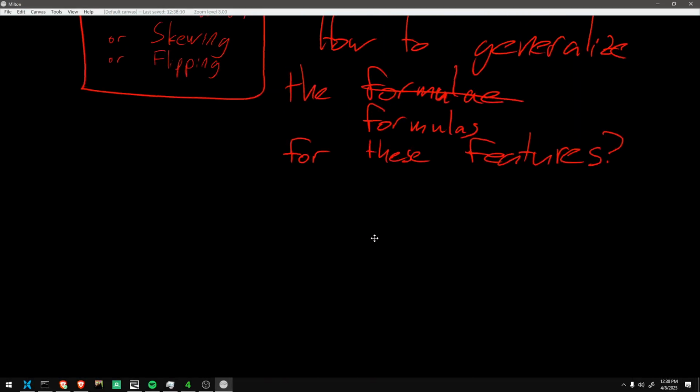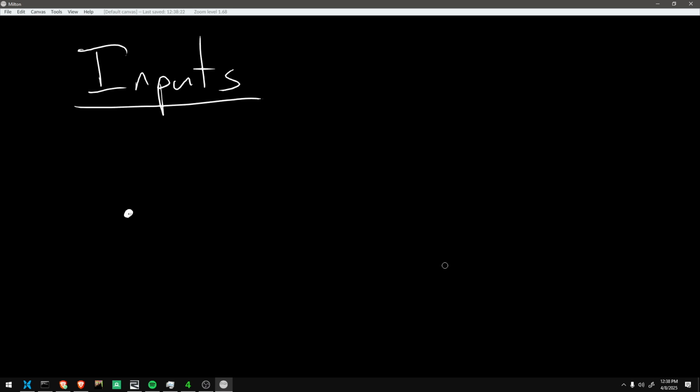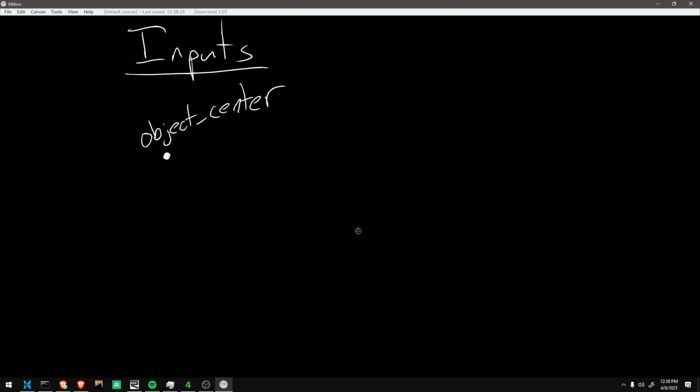Ugh. Okay. So let's see if we can figure out how we generalize it. So I want the inputs to be an object center, or the top left or whatever. This is the point which corresponds to the top left of the texture.